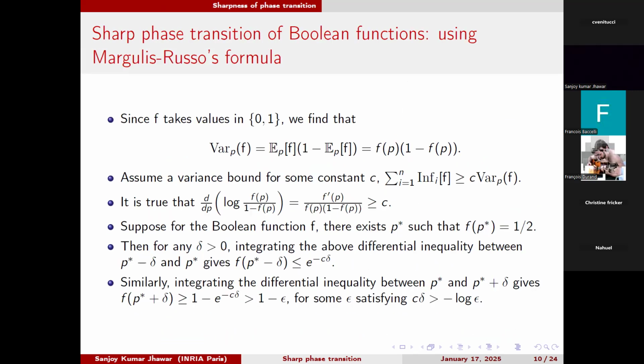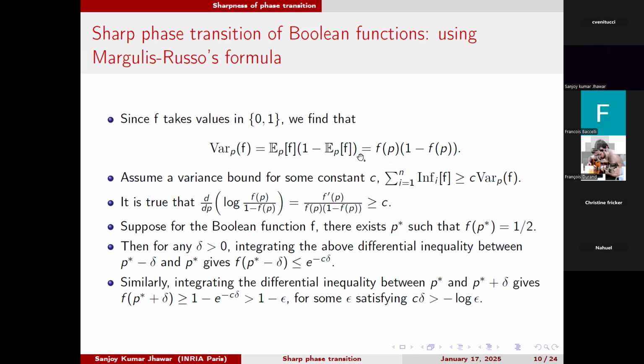Sanjoy? Yeah. It went a bit fast, sorry. Could you, so you have this differential equation and you integrate them, right? But how is it entangled with the assumption that the sum of the influences exceeds C times the variance of f? How do you, this is needed for the conclusions?